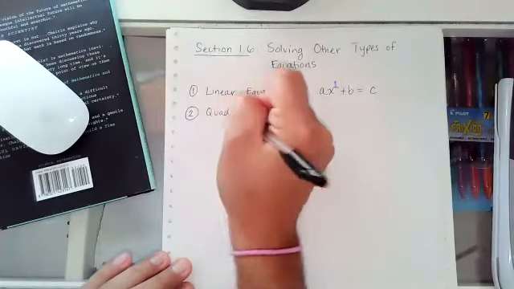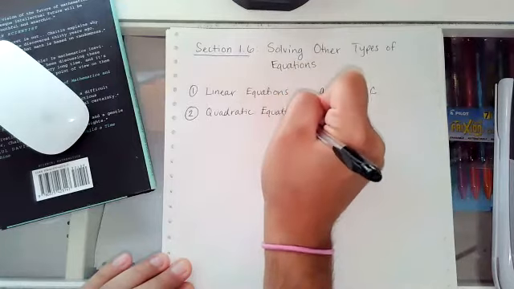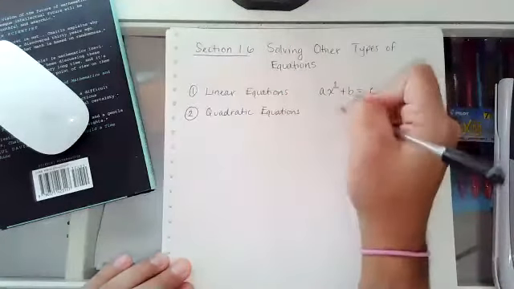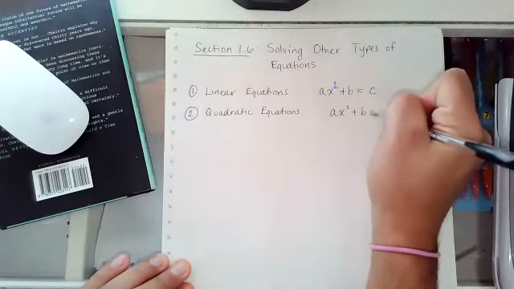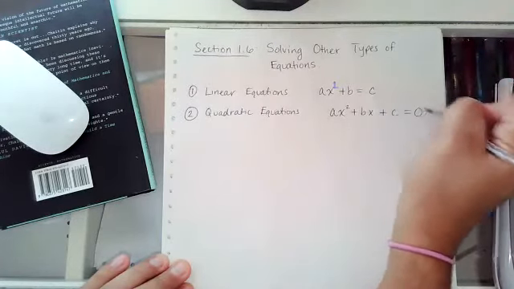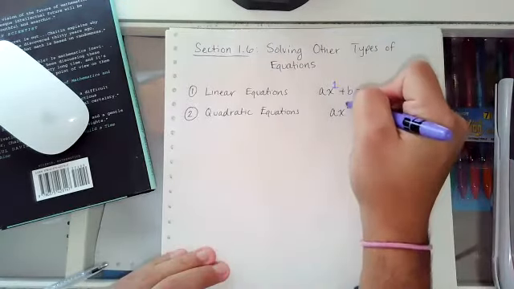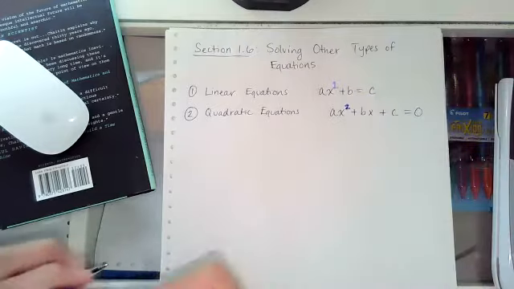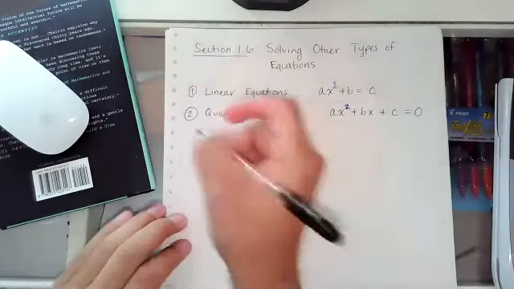For quadratic equations, we know that the standard form looks something like ax squared plus bx plus c equals 0, where the highest exponent is 2, so we have a degree 2 polynomial, which tells you that we should have 2 solutions at most. Sometimes you have no solutions, sometimes you have only a single solution, but at most we can have 2.